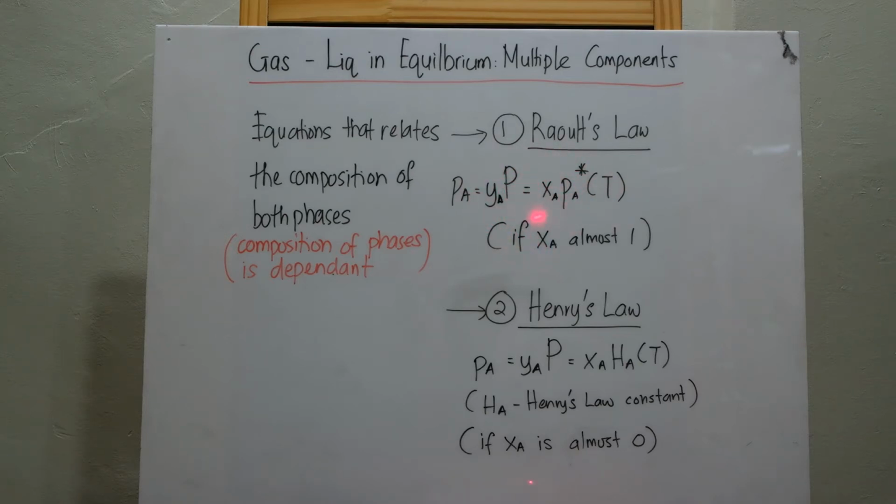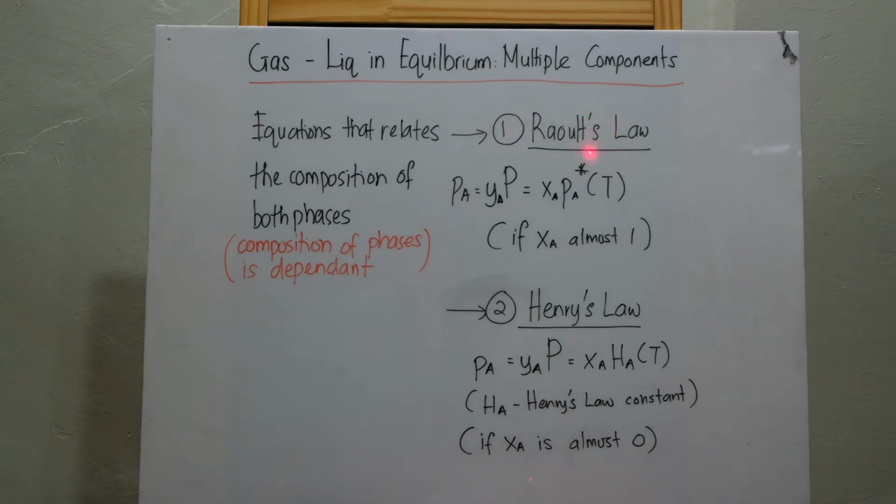So let's say we know the composition x, and we know the system temperature. We can find the pressure and also the composition of the component in the gas phase, because this part is for the gas phase and this part is for the liquid phase, which are in equilibrium. So these are Raoult's law.